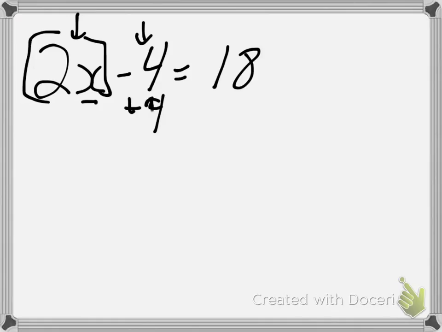Now, like with any equation, we can't just do it to one side, because if we just did it to one side, it would make our equation unbalanced. You have to remember that 2x minus 4 is equal to 18. So if we cancel out the 4's, that means we have 2x equals 18, and that can't work because it was 2x minus 4 equals 18, not just 2x equals 18.